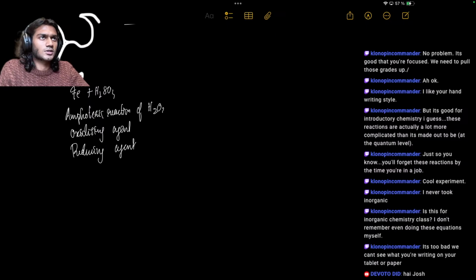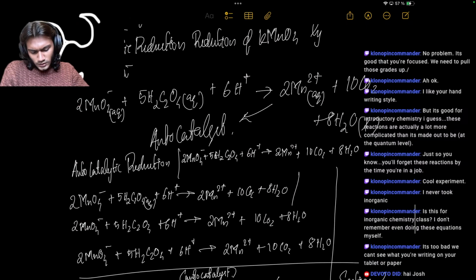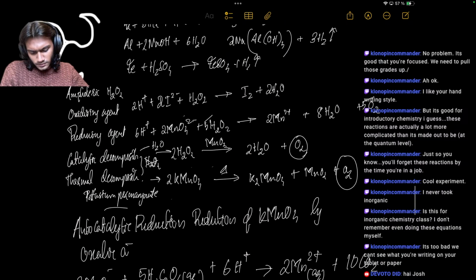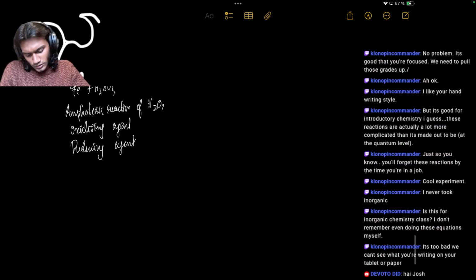Reducing agent was permanganate. Permanganate plus, no. My mind is saying it's permanganate, but permanganate was for the catalytic decomposition.